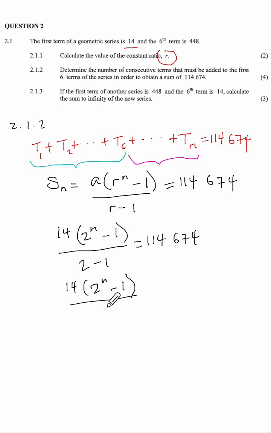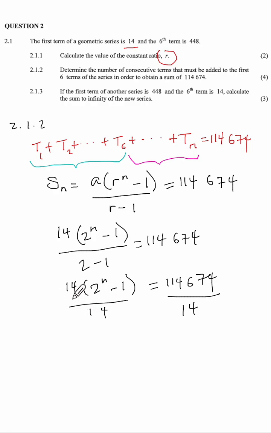Simplifying, I would have 14 times 2 to the power of n minus 1, essentially over 1, is equal to 114,674. I don't need this over 1, so I can just divide both sides by 14 because I want to open up and find this n.